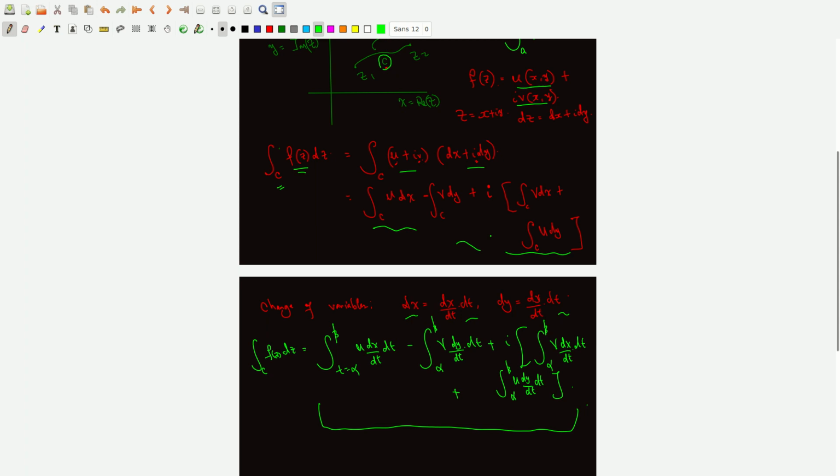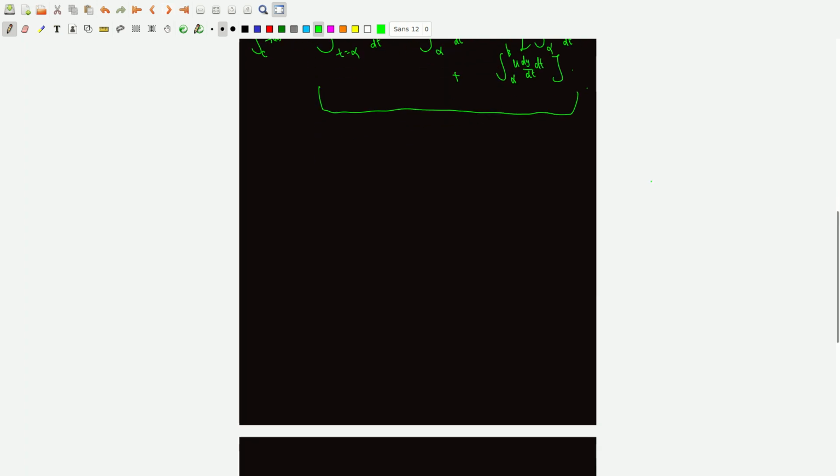Now next we look at some important theorem which we are going to be using in these computations. Let me start it on a new page here. The theorem that we are going to look at here is what we call Cauchy's theorem.